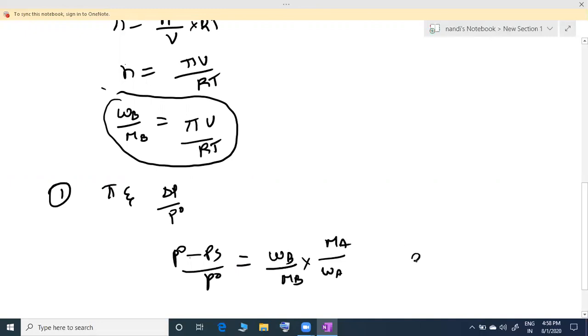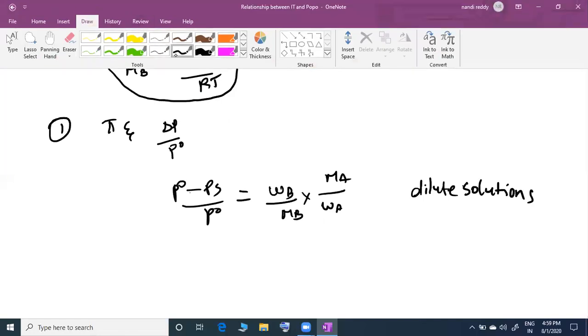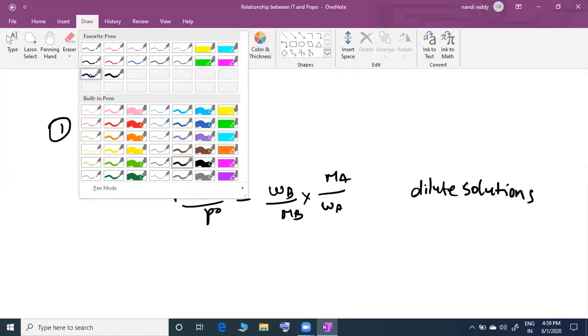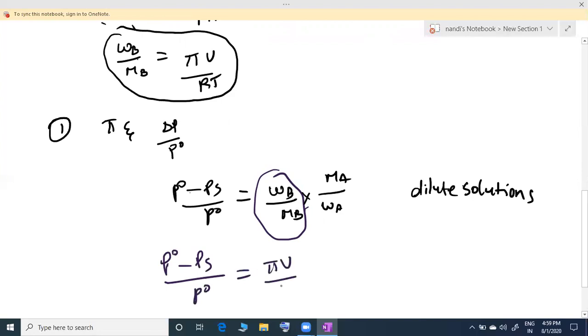This is for dilute solutions. We know this very well. In place of WB by MB, I am going to substitute pi V by RT. So P naught minus PS by P naught equals pi V by RT into MA by WA.